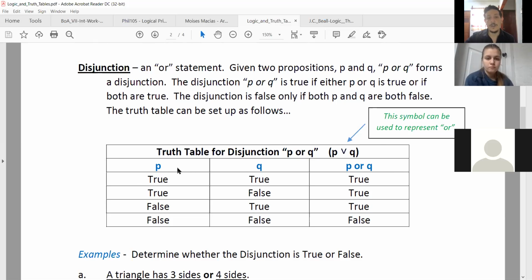If P and Q are both true, then their disjunction is going to be true. For disjunction, you get a sort of inversion of conjunction. For example, just as long as one of the disjuncts is true, the full disjunction is true. It's only going to turn out to be false if both are false. So for example, suppose I tell you something like, it's either Monday or Friday.